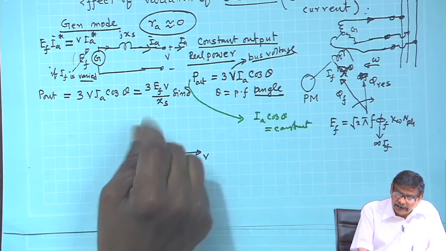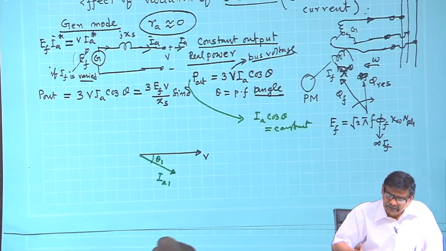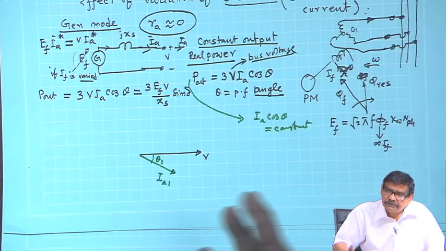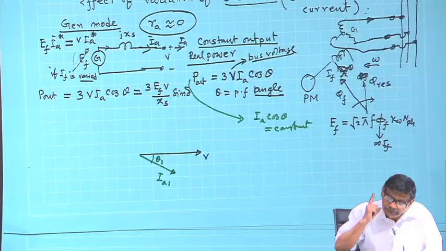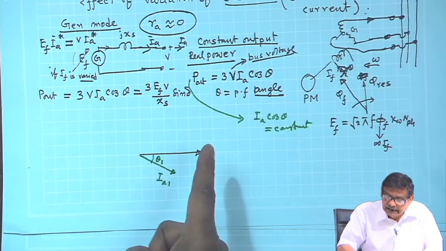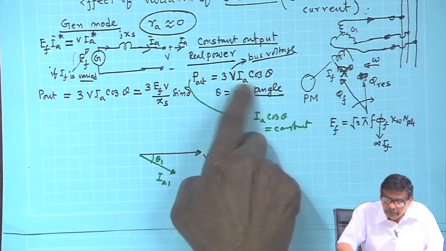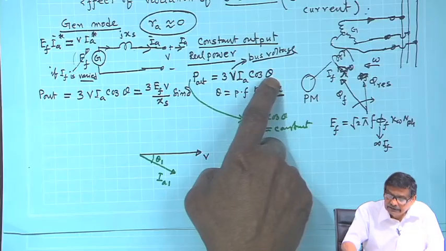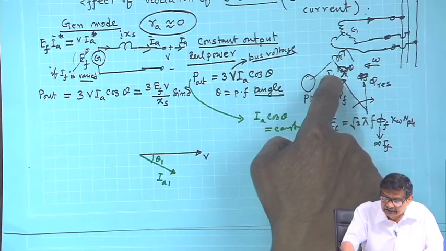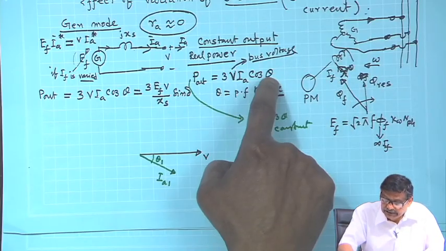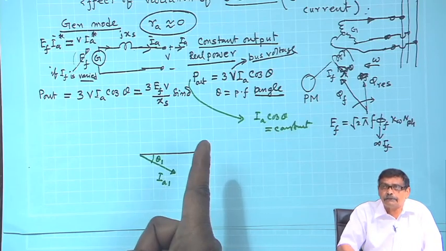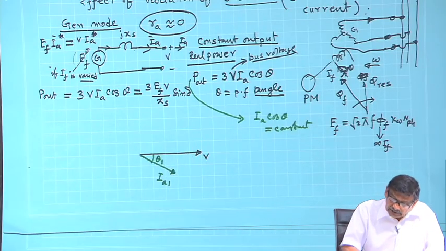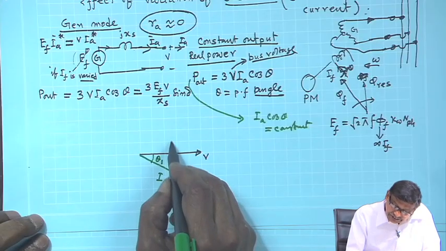Therefore, as I play with the field current, perhaps the magnitude of I A will change, perhaps theta will change, I am not sure at this stage, but what I will demand is that since output power is constant, no matter how you are playing with your field current, I A cos theta, this product has to remain constant, that is the important point. In other words, what is I A cos theta?